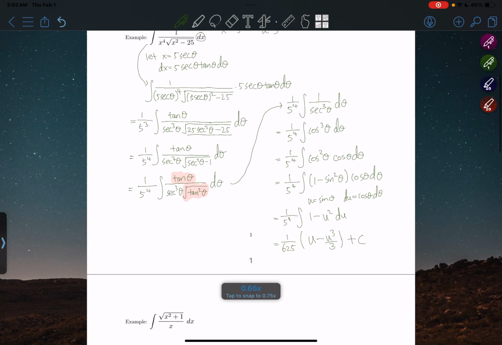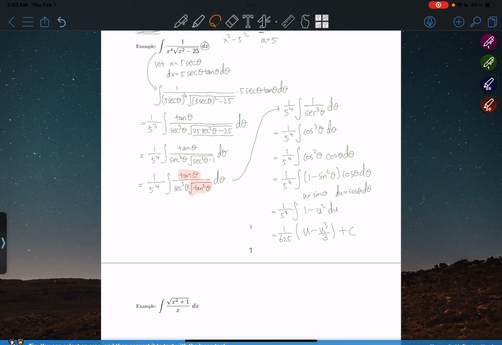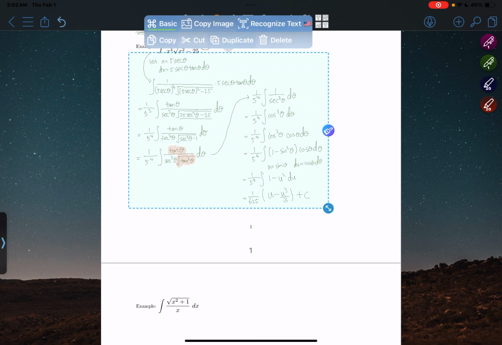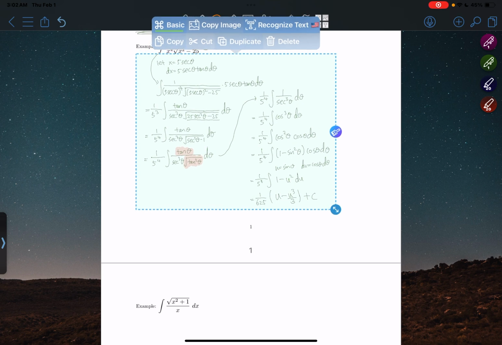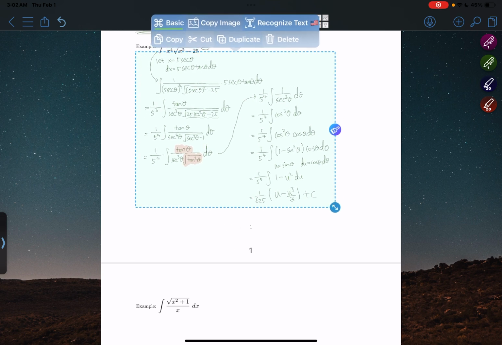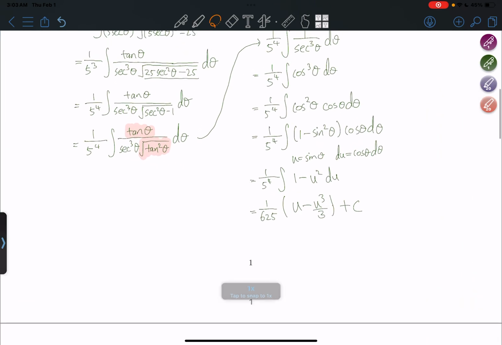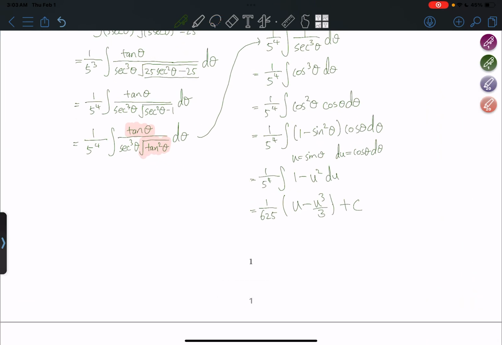Let me make this a little bit smaller here. Okay, let's do some back substitution. It's easy to take the answer back into theta. So I have 1 over 625, and just leave the constant.